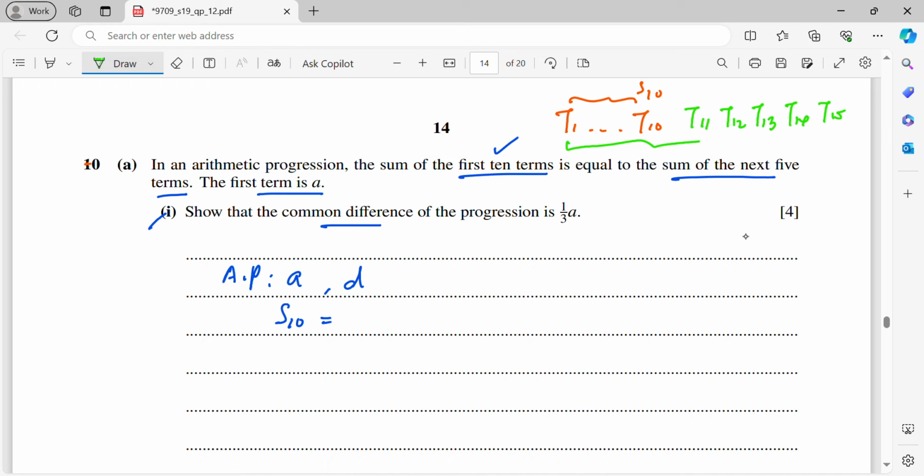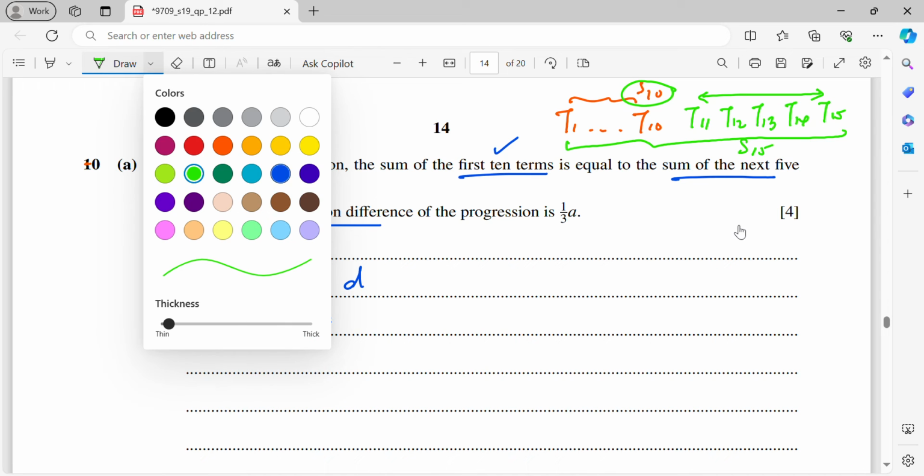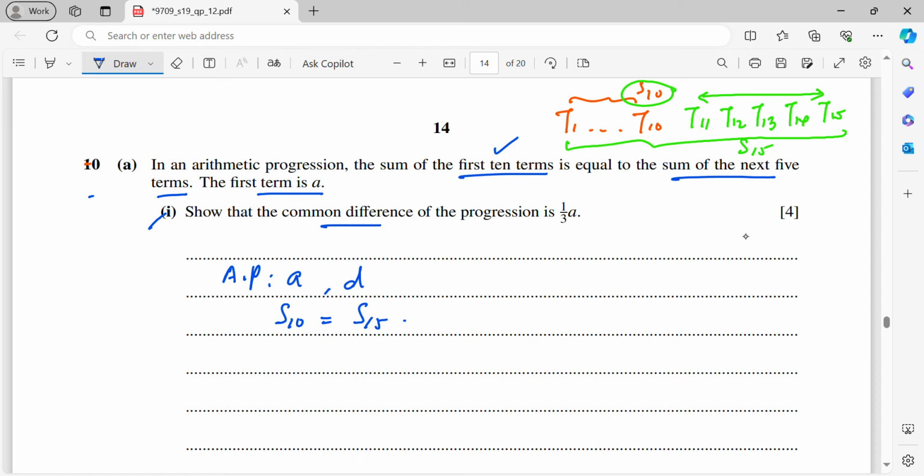So that means if I need to get just the green color, all this, it will be S15 minus S10. That will be the sum of the next 5 terms. Okay, so that's why here I will write this is same as S15 minus S10. Okay, then now the minus S10 will be moved to the other side. So in other words, I'm getting S10 plus S10, which is 2S10 equals to S15.